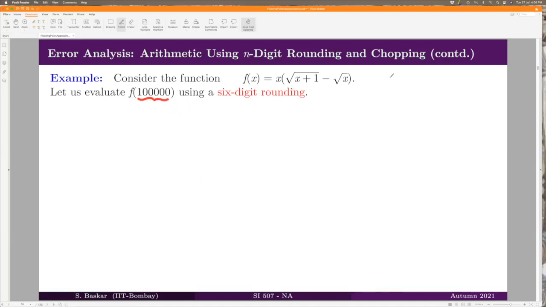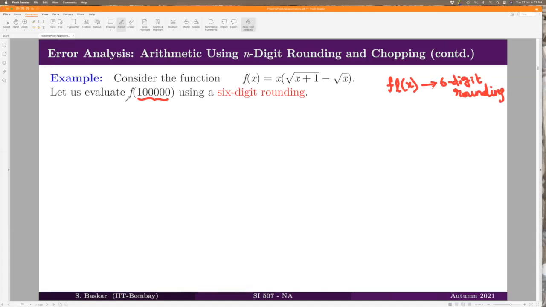When I say FL of x, whatever value you give for x, I will take 6-digit rounding for that. So wherever I write FL of x, it means I have taken 6-digit rounding of the value of x.